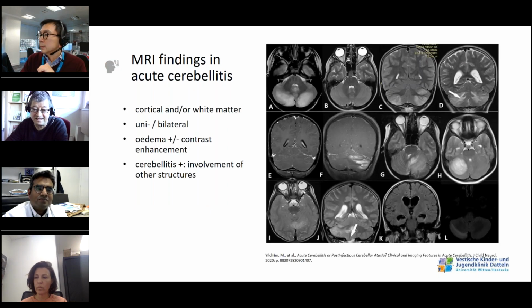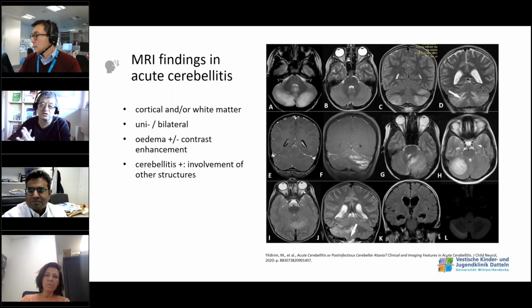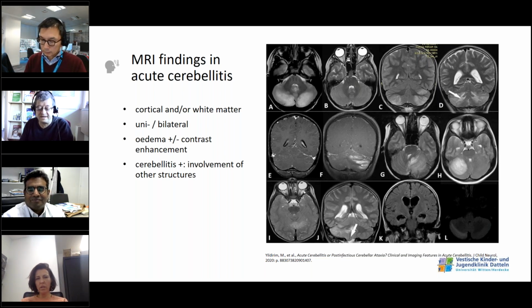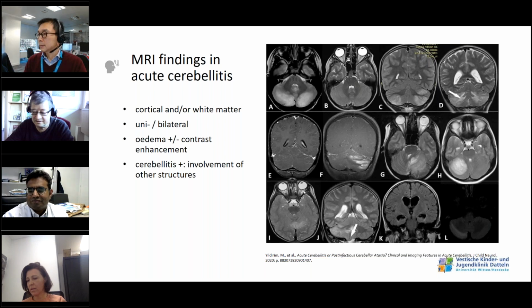Last not least, a couple of words in regard to acute cerebellitis, which often goes along with encephalopathy. I call this disease then acute cerebellitis plus. Here is a nice image series by Bolzhauser and Yildirim.